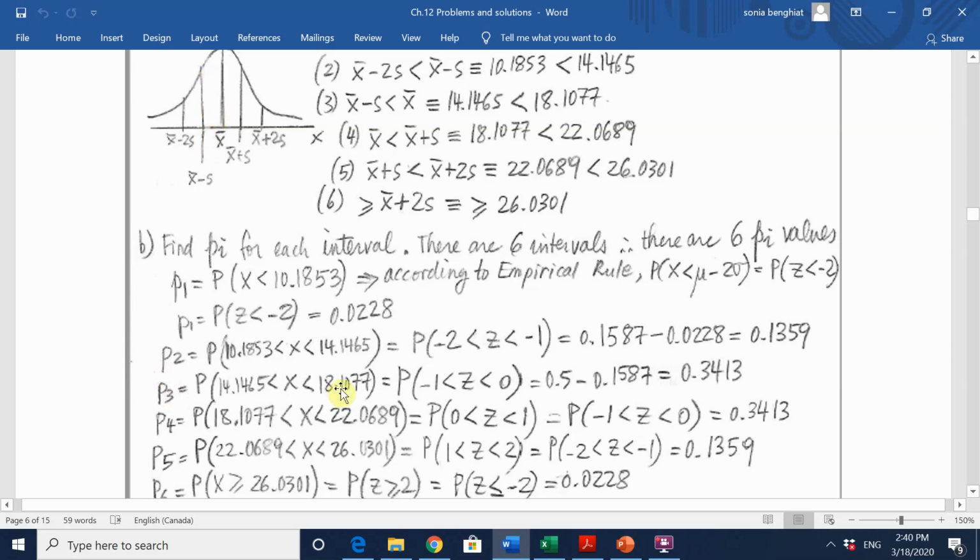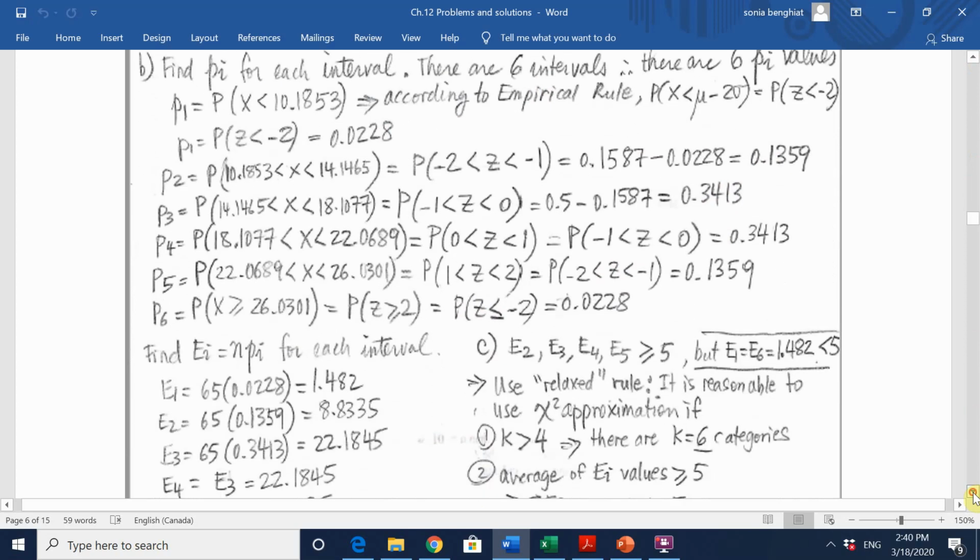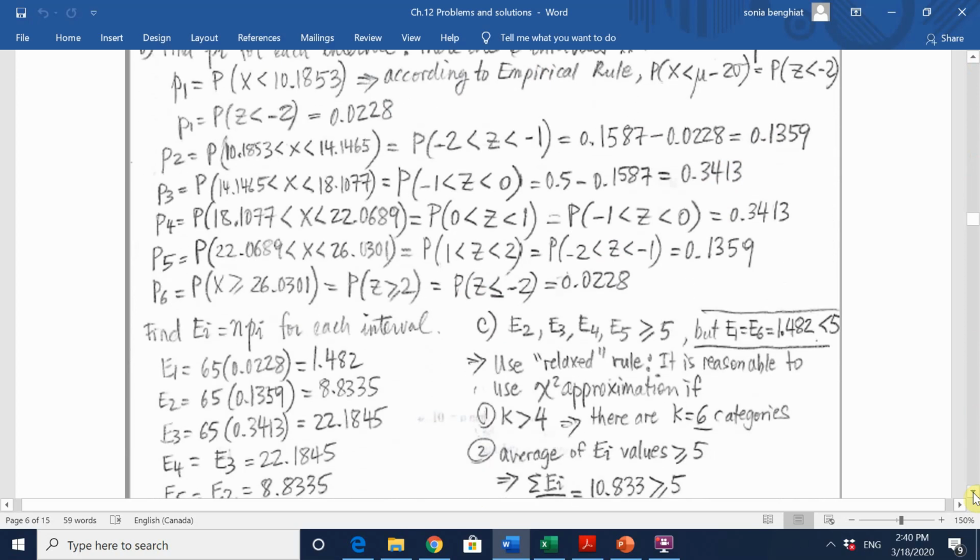Using the standard normal table, I am able to solve for this with this statement right here. And this gives me a probability of 0.3413. I continue for the remaining 3 intervals. This time they are on the right of the mean. And so I get my 6 probabilities for my 6 categories that will be used in my null hypothesis statement to represent the normal distribution.